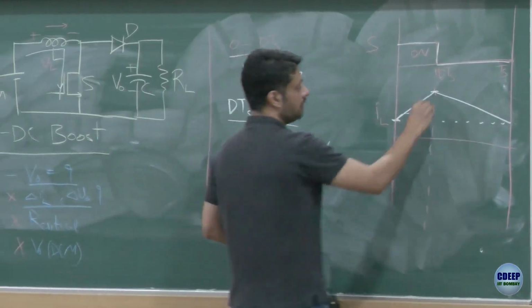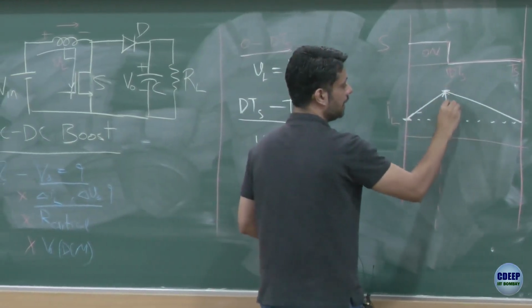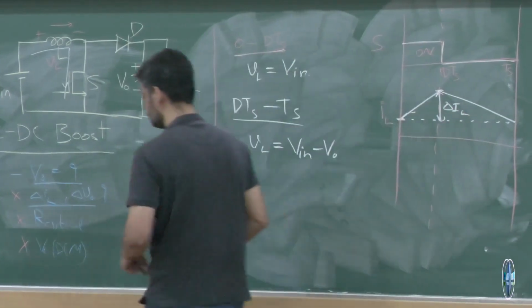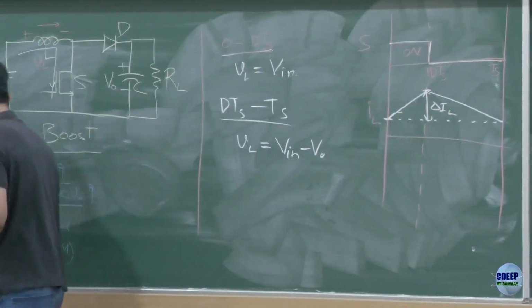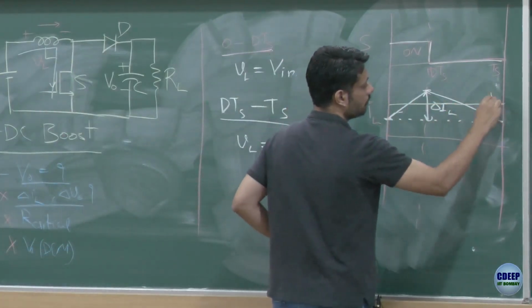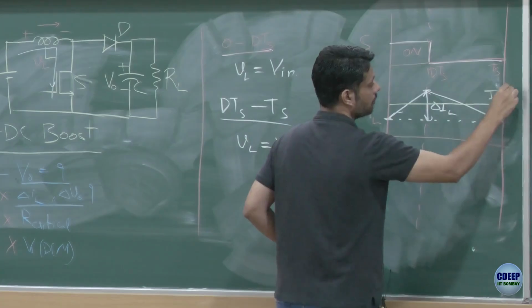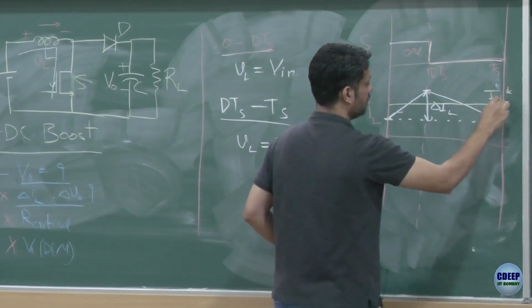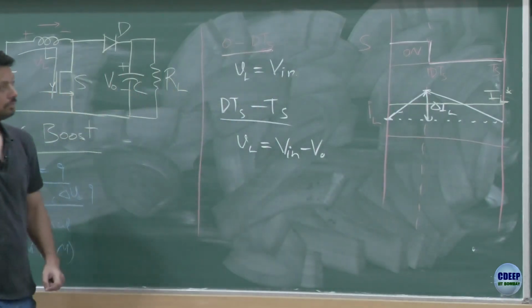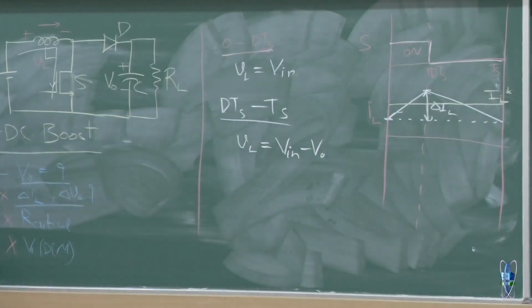Right? This thing will be your delta IL, and this is your average inductor current. Is that okay?